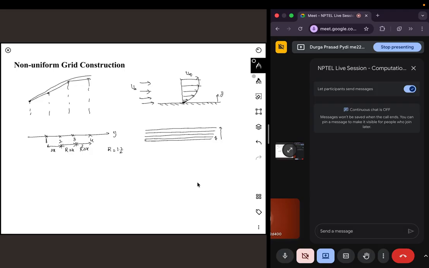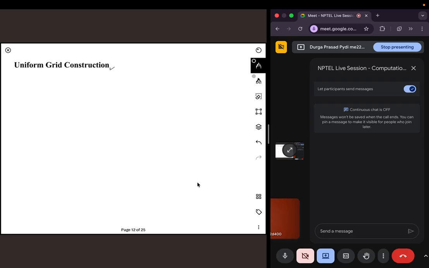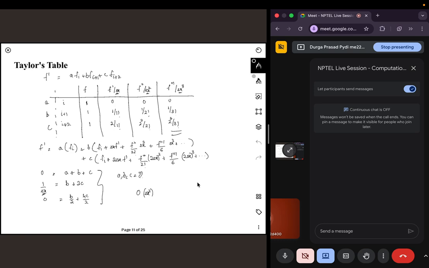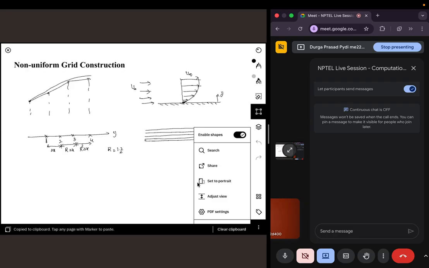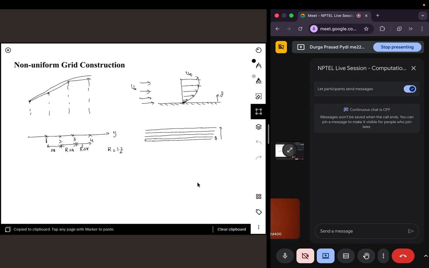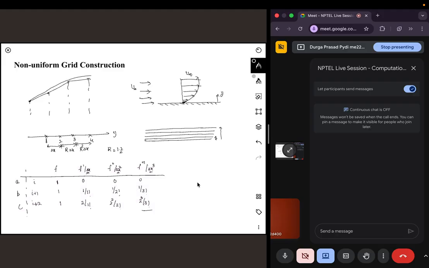But the problem here is, unlike the uniform grids, the difference scheme changes. If you consider the same table that we have taken before, now in place of delta x, let's say this is my i, this is my i plus 1, and this is my i plus 2.